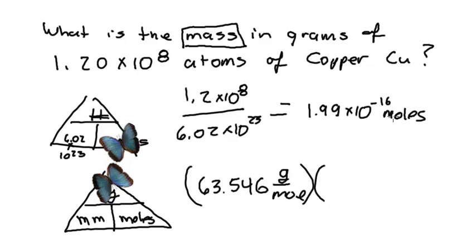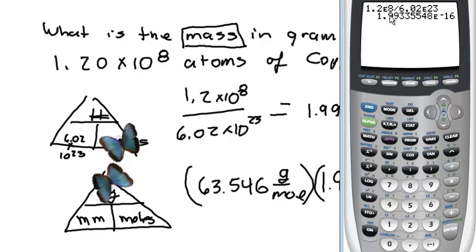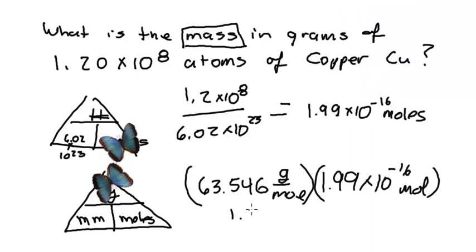I multiply that times my number of moles. So I already have my 1.99 times 10 to the negative 16 on my calculator. Now I multiply that times 63.546, and I get 1.27 times 10 to the negative 14.